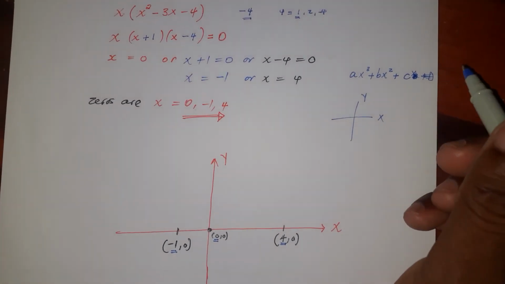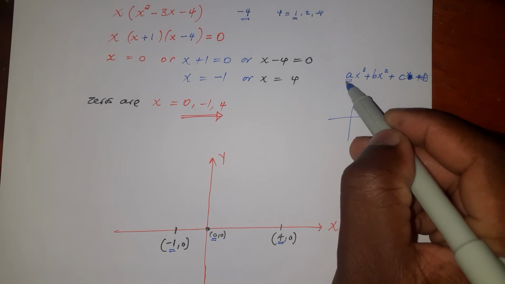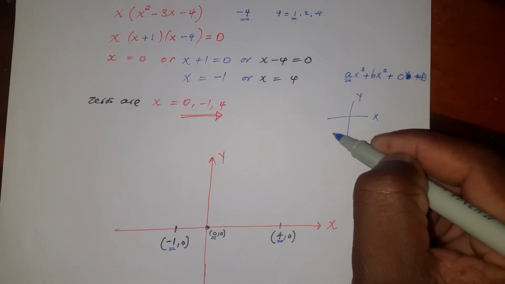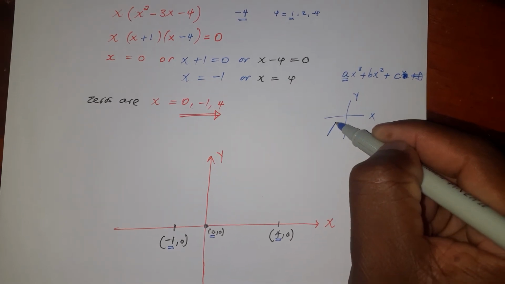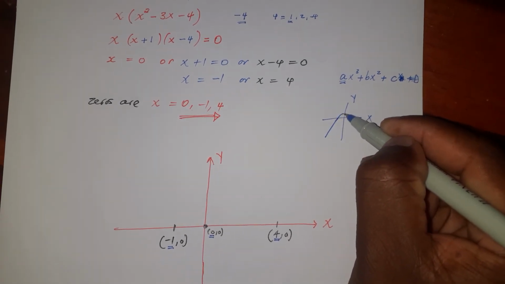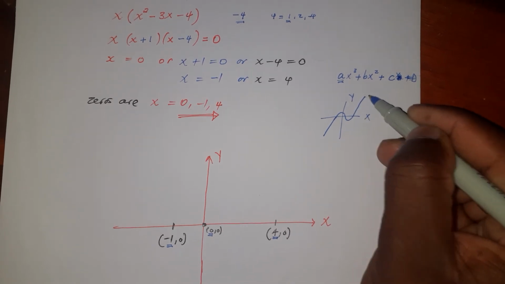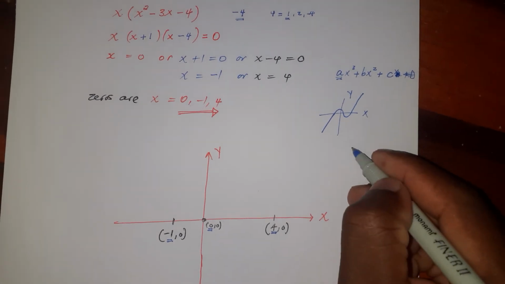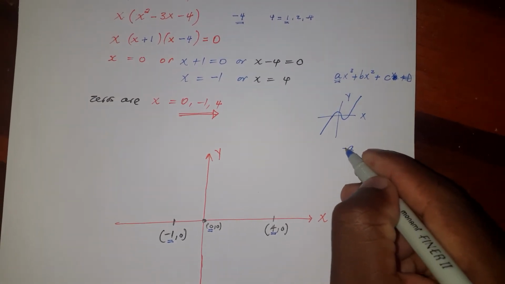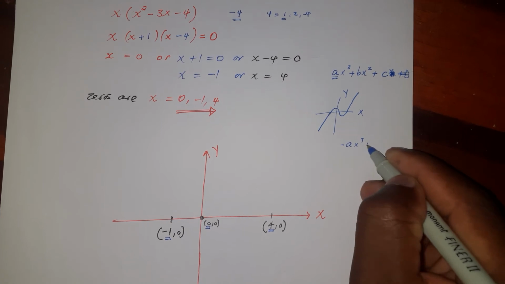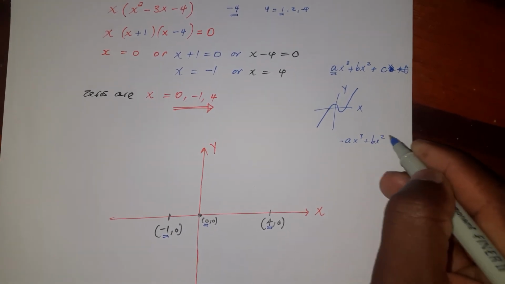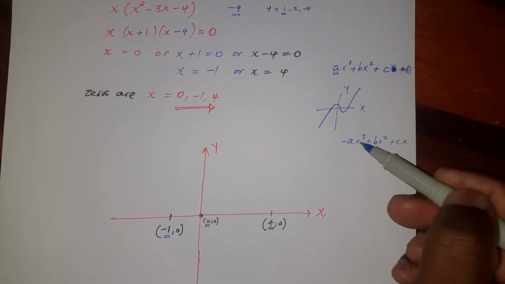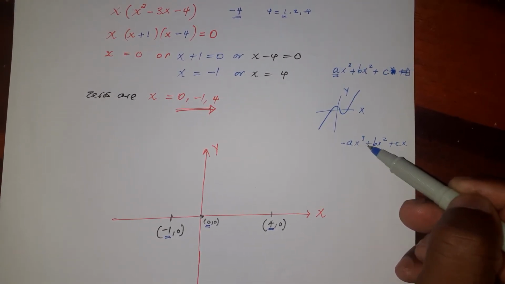Now the thing is, if the a value is positive for a polynomial, it means it starts from here, it goes like this, like that. That is if it's positive. But if it's negative, remember my focus here is on the first term.